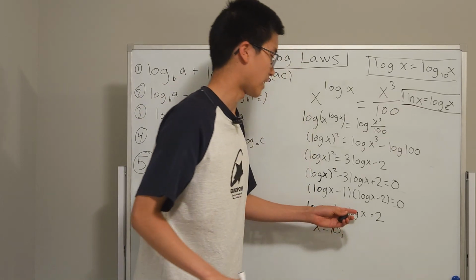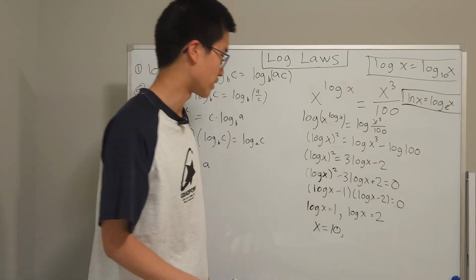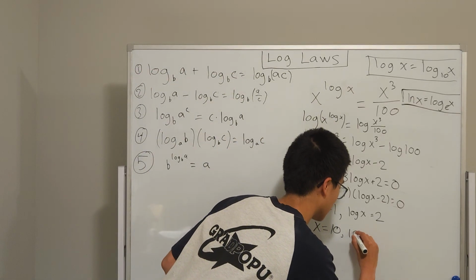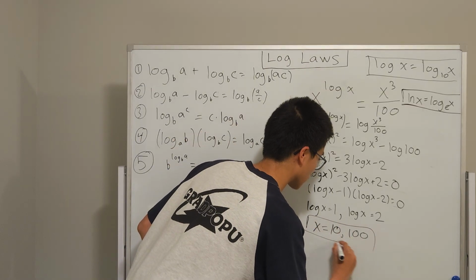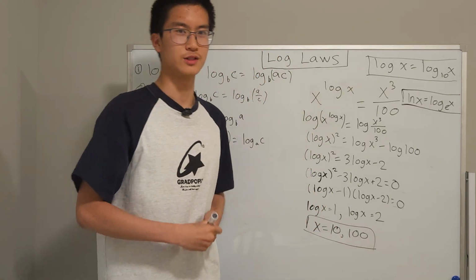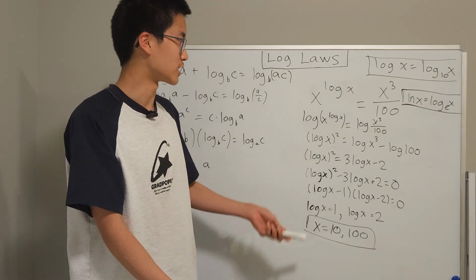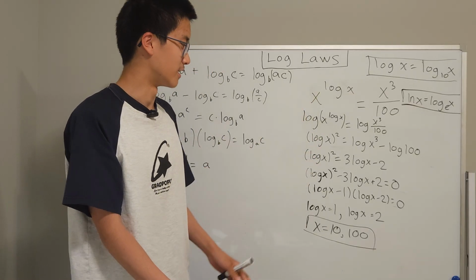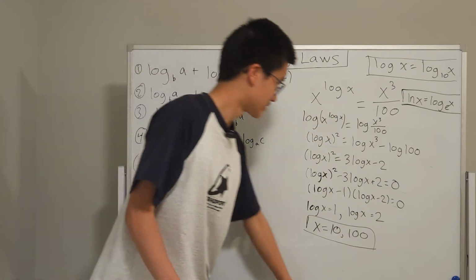And from our second value of log x, we have x equals 10 squared, so x also equals 100. And these are our solutions. Also, it is always a good idea to check back. If you plug everything in, you should get that these two sides are equal.